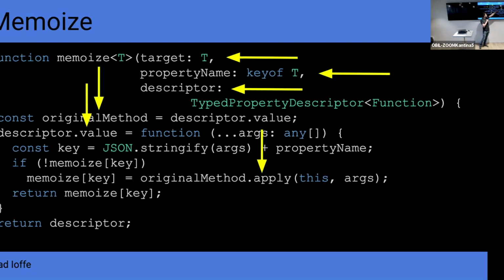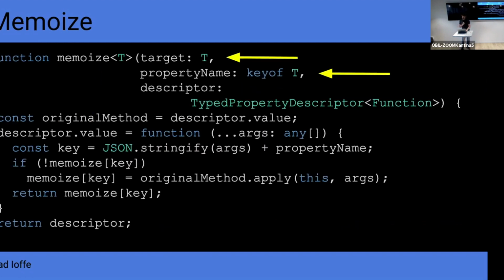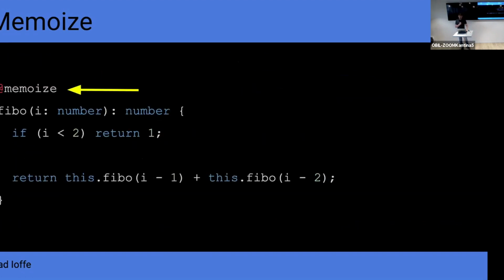In method decorators, we need to return the descriptor. I'll go a few slides back. We took the Fibonacci method and we added a decorator to it. We didn't change any of the behavior of this method, and we now can use the same memoize decorator on other functions.